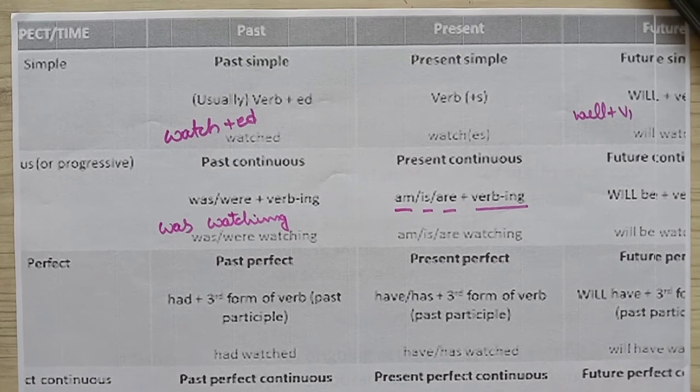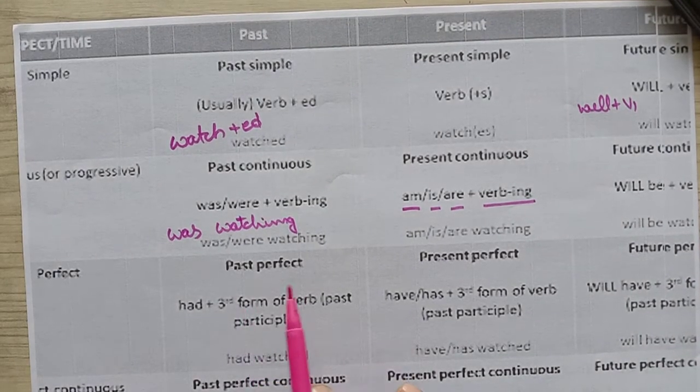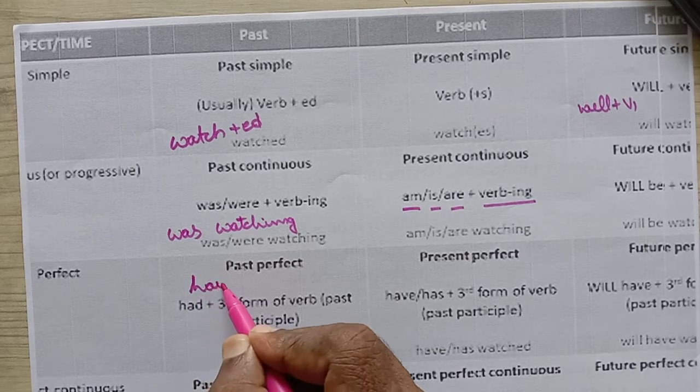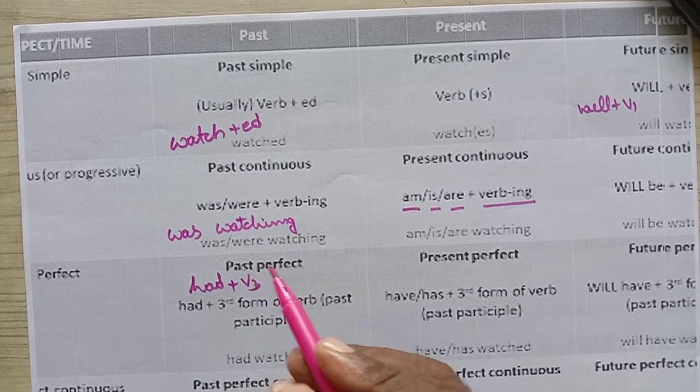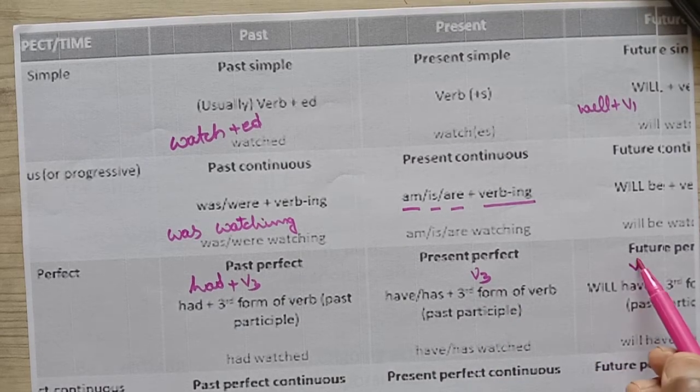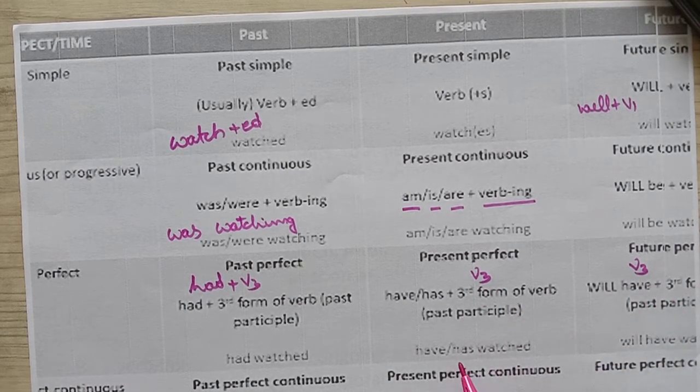Past perfect tense is had plus the third form of the verb, had plus v3. Present perfect tense is have or has plus the third form of the verb. Future perfect is will have plus v3.